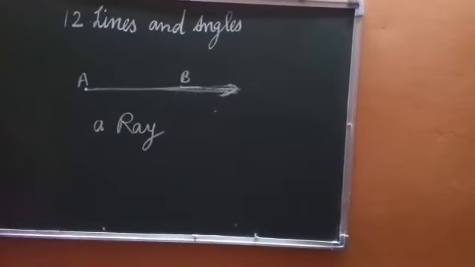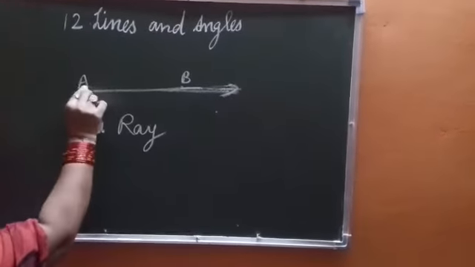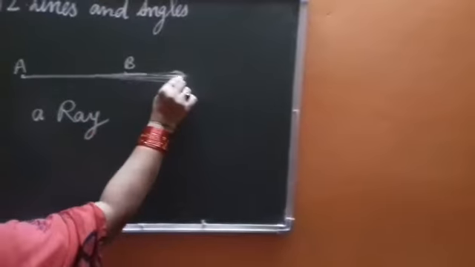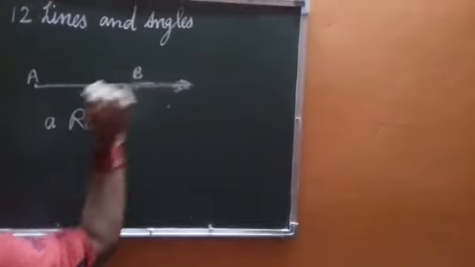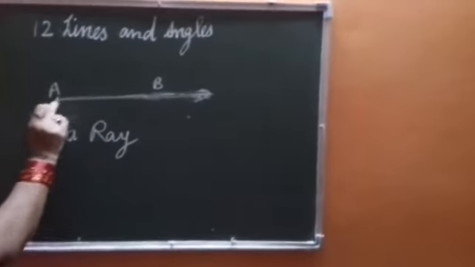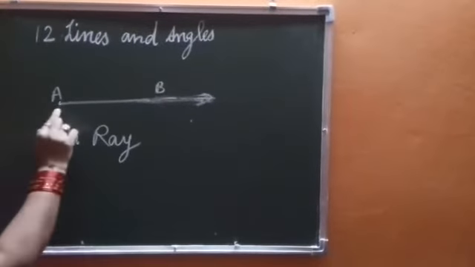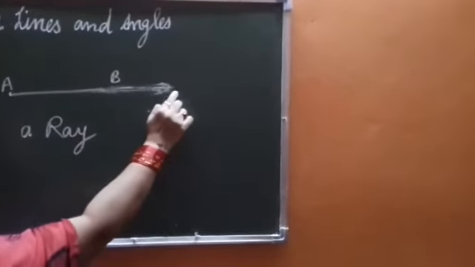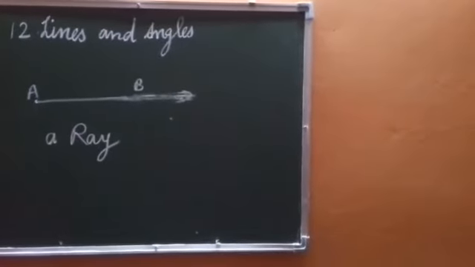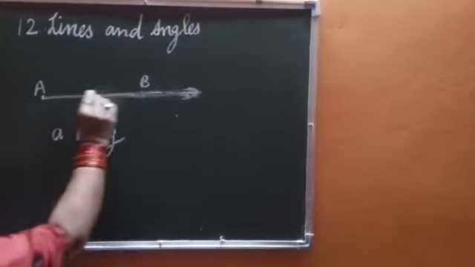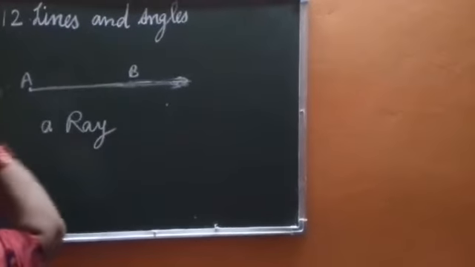It has one fixed endpoint and it can be extended endlessly in another direction. मतलब इस figure का एक fixed point होता है, एक तरफ से ये fix है, इधर से हम इसे आगे नहीं बढ़ा सकते, लेकिन एक डायरेक्शन में हम इसको कितना भी आगे बढ़ा सकते हैं. This figure is called a ray.